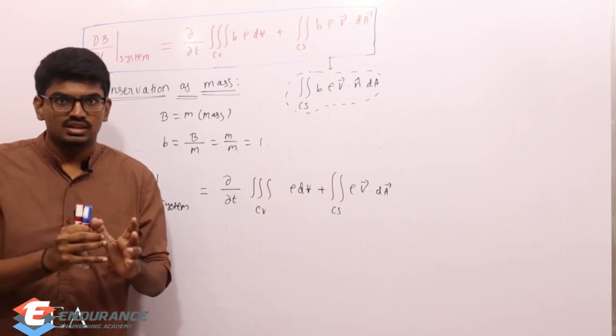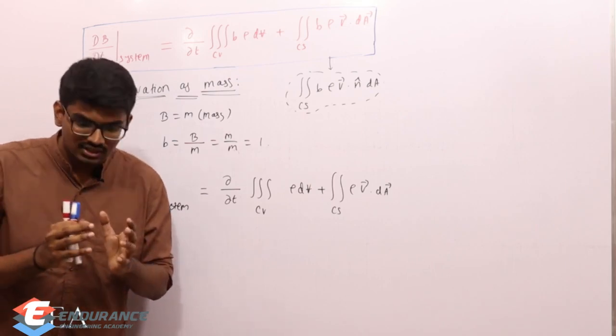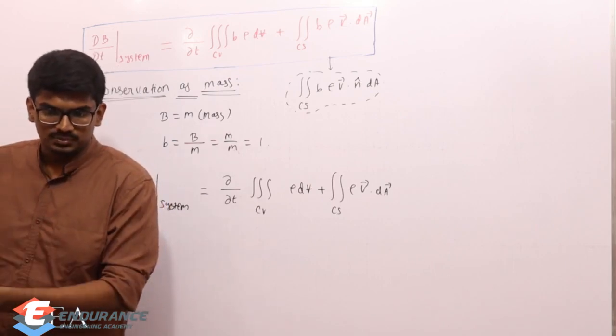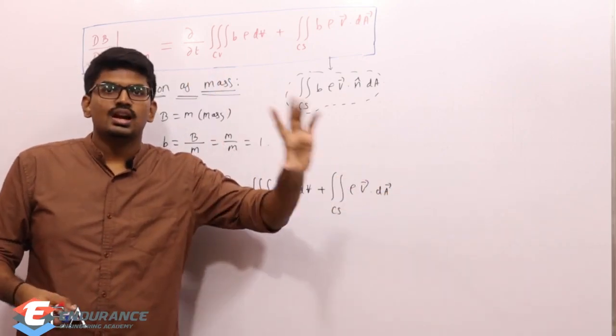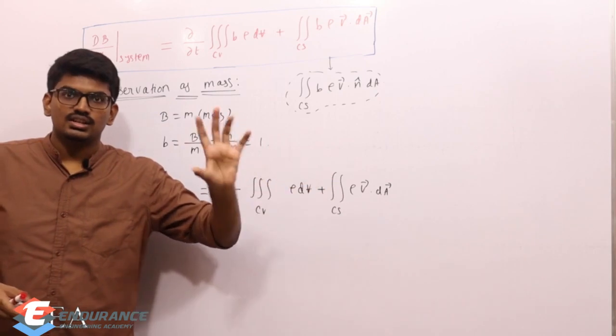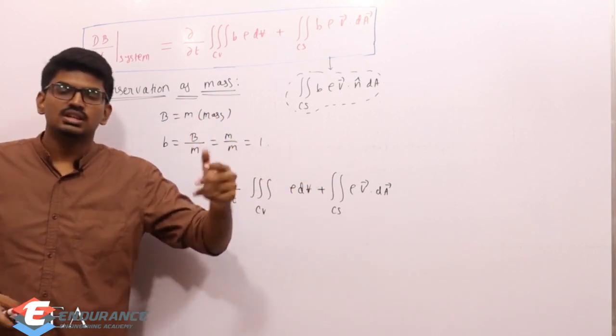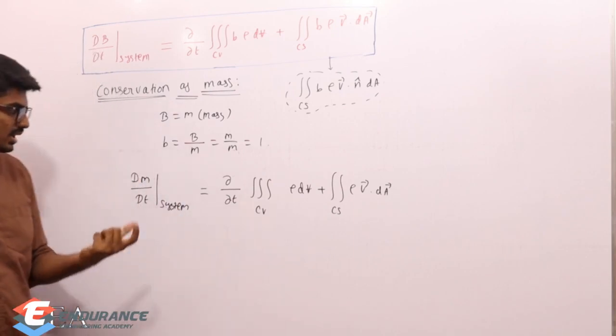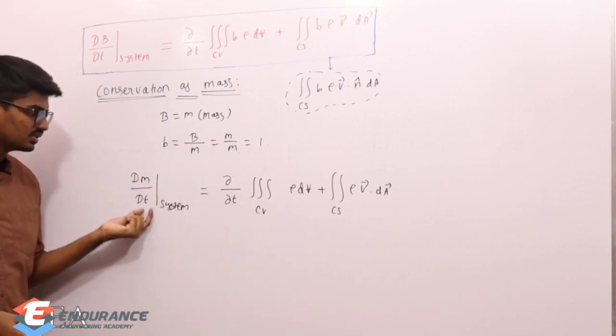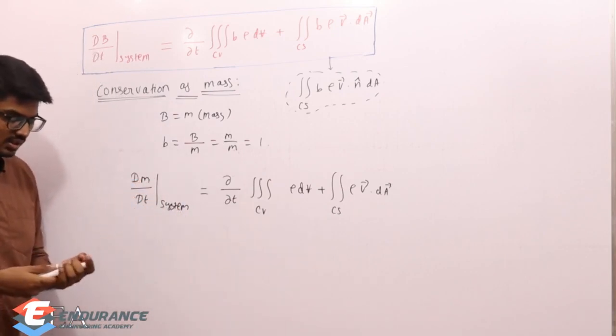It remains constant at every position, wherever it flows. That's why it is also known as fixed mass. Since it is fixed mass, for a system, change in mass with respect to time will be 0.